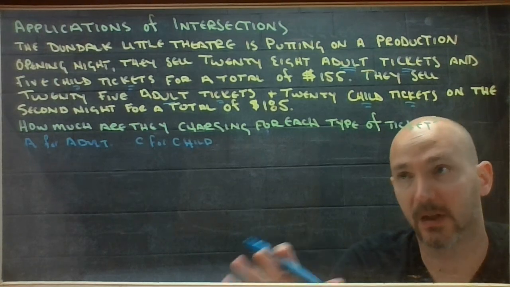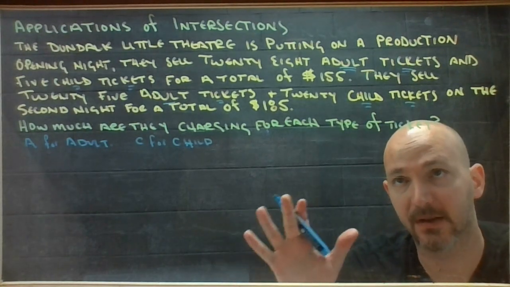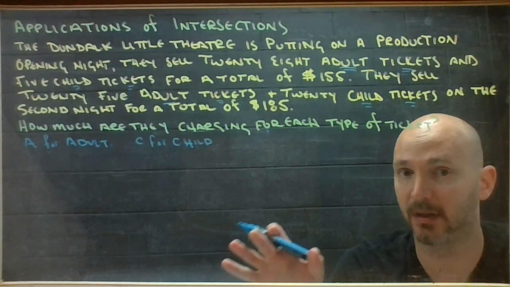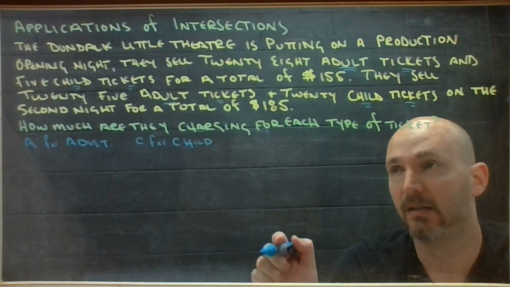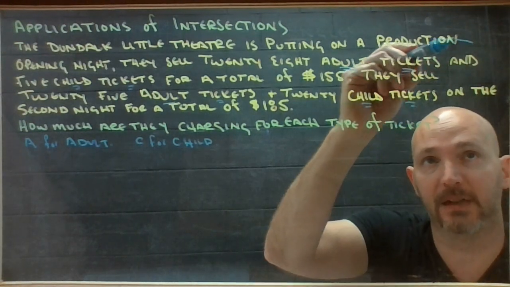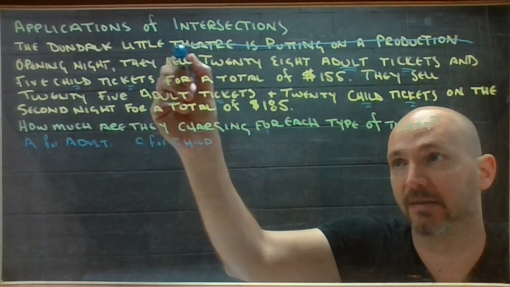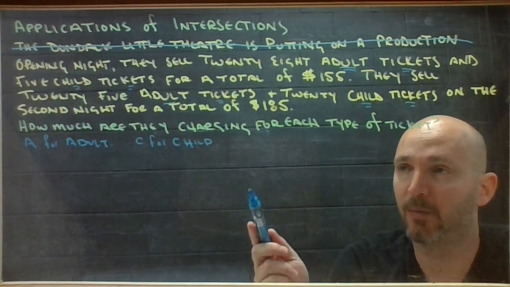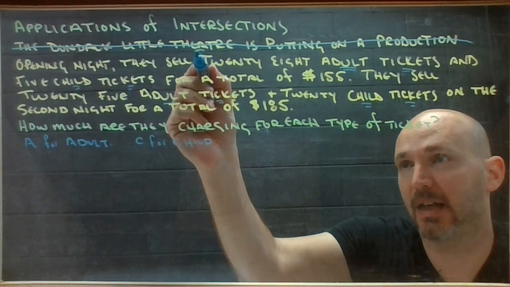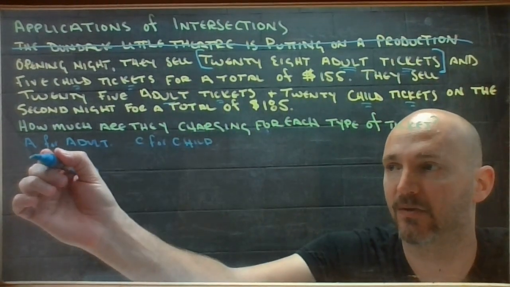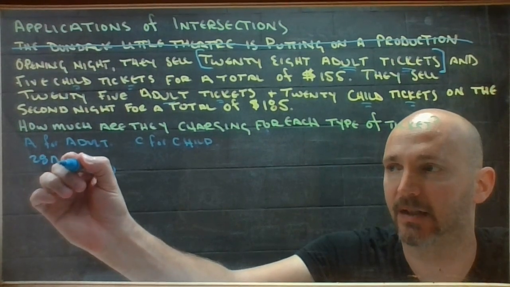Okay, so let's go through this text and get rid of what's unnecessary and highlight what matters. The Dundalk Little Theatre is putting on a production. Yep, gotcha. That's just context. No math information there. Opening night, they sell 28 adult tickets. Okay, so 28 adult tickets.